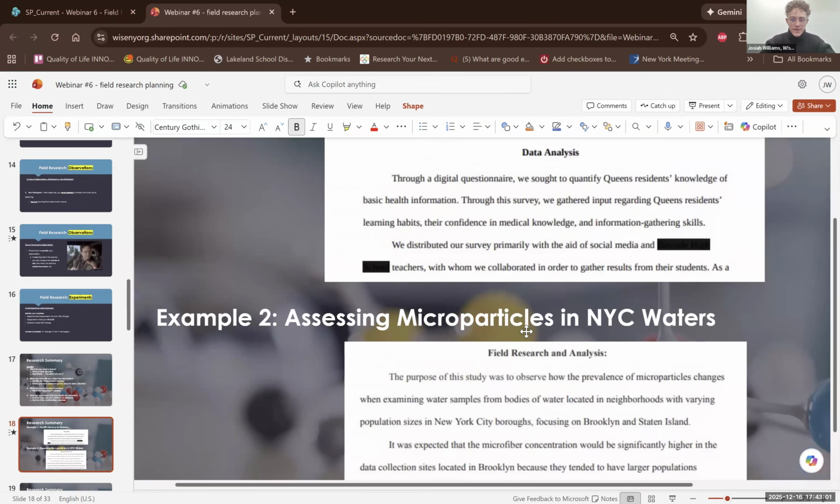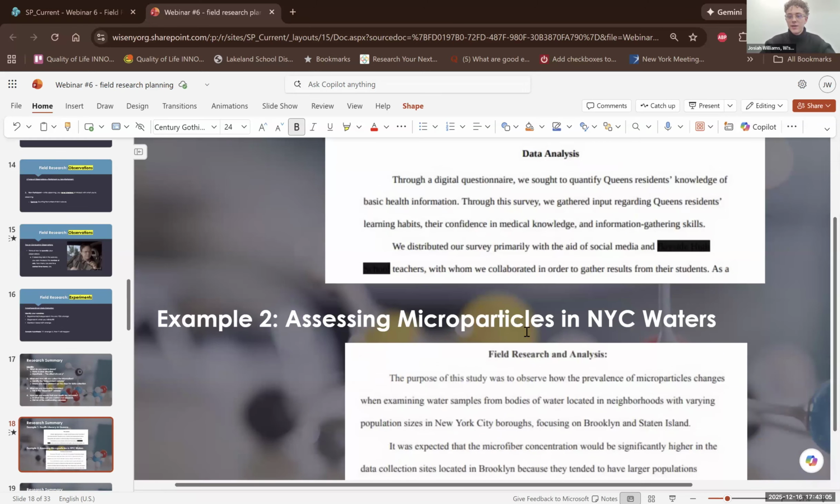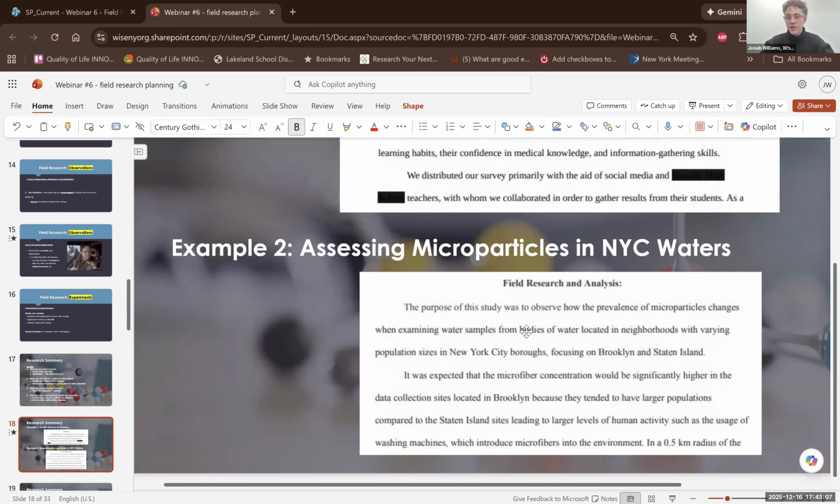Example two, this one was also a finalist. They assessed the microparticles in New York City bodies of water. So this one was an experiment. Let me not give too much away. They said the purpose of this study was to observe whether the prevalence of microparticles changes when examining water samples from bodies of water located in neighborhoods with varying population sizes in New York City boroughs, focusing on Brooklyn and Staten Island.